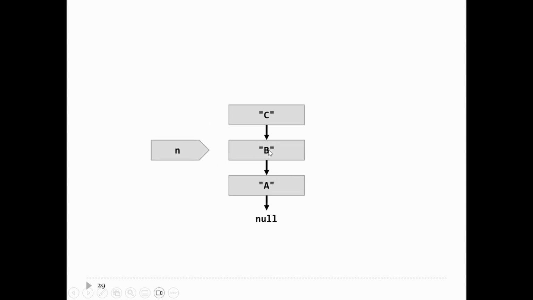So in toString, I would print the b to the string, and then follow n's next link to get to the a. Print the a to the string, follow n's next link, and that gets me to null, so the loop stops. As soon as n is equal to null, the loop ends. N's now null, so don't use n for anything.